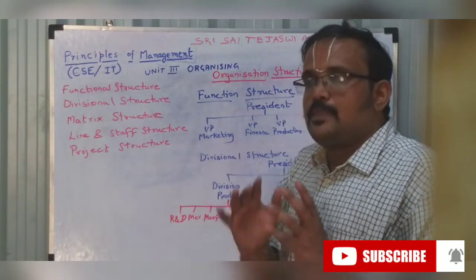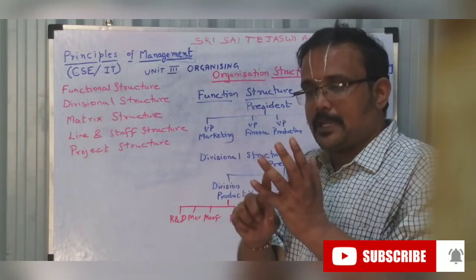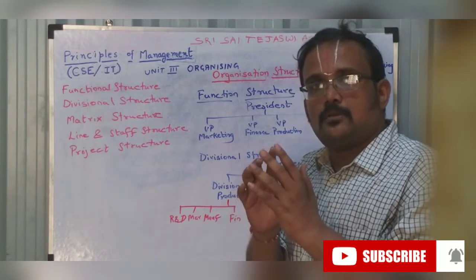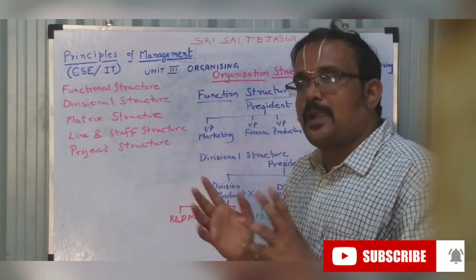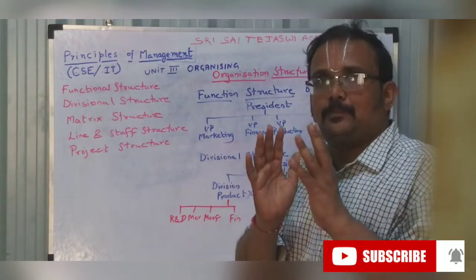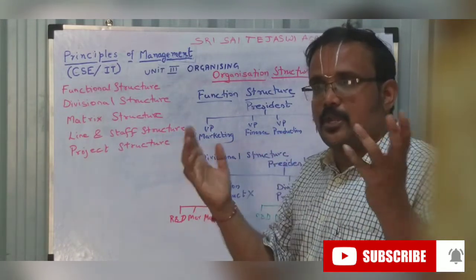Divisional structure. See, in a company there are various departments: marketing, finance, HR, production, R&D. And now I have various products. I manufacture soaps. Hindustan Lever is a big company, and so many products they manufacture.